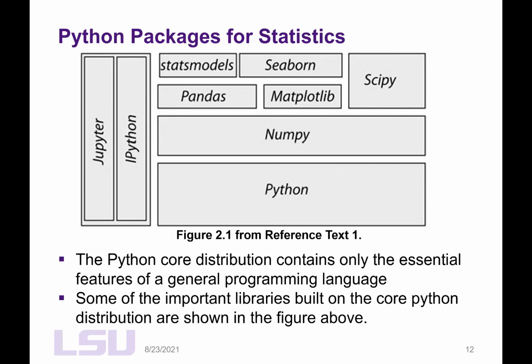Some of the Python packages we'll be using for statistics are shown here in relation to the core Python distribution. The core Python distribution contains only the key features required of any general purpose programming language. On top of the core Python distribution, you have the numeric Python, which is what NumPy is, and it has data types for matrices, vectors.